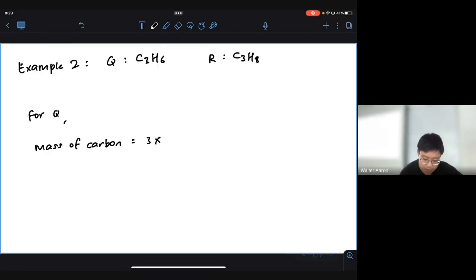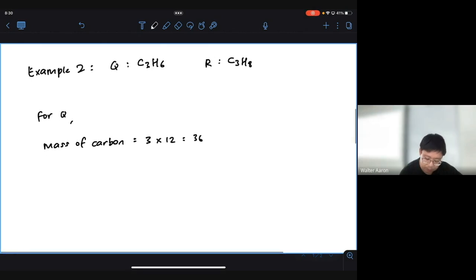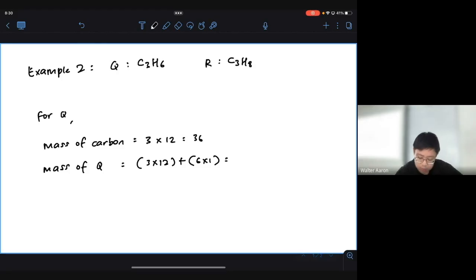Okay, so mass of carbon will be 3 times 12. Let me put bracket here, sorry. So that would be 36. And after that, mass of Q will be 3 times 12 plus 6 times 1. So how much is that?